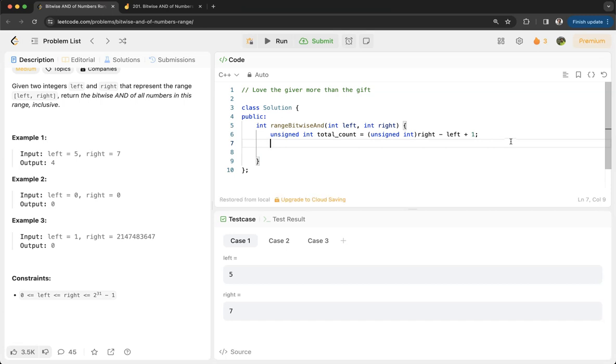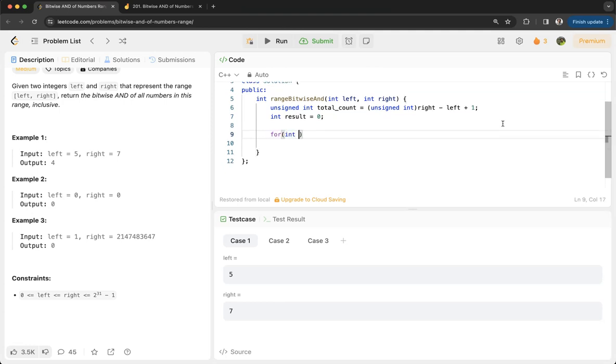Then we need some variable for the result. And then we just need to do a for loop. So B should go all the way up to 30, because 2 to the 31 minus 1 means all of the bits from bit 0 to bit 30 are set. That number is 2 to the 31 minus 1. So we go all the way from 0 to 30 for bits.